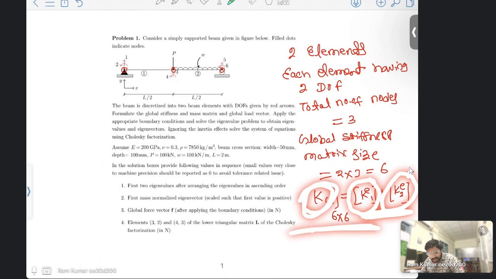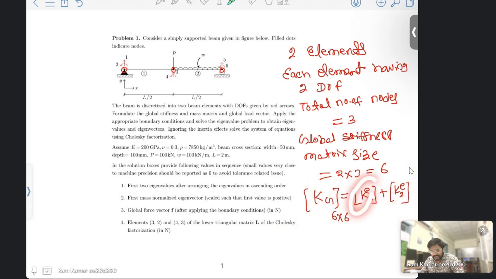What will be the size of the global matrix? It will be 6 cross 6. But these local matrices have size 4 cross 4. How do we get to know that it will be 6 cross 6?